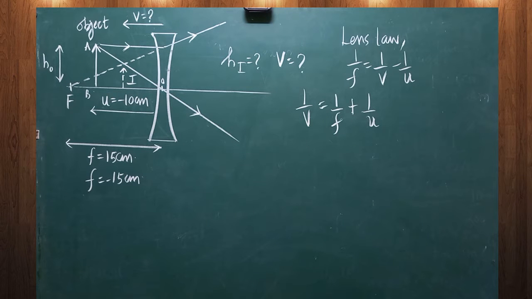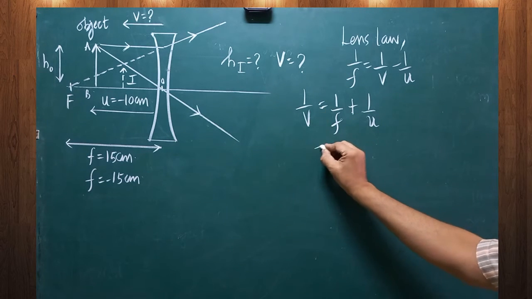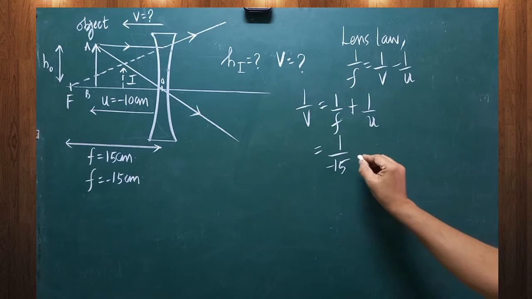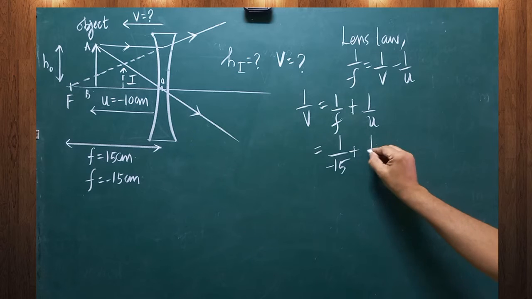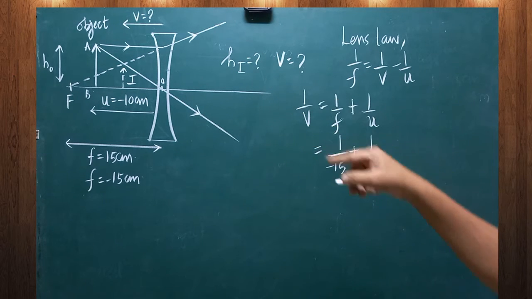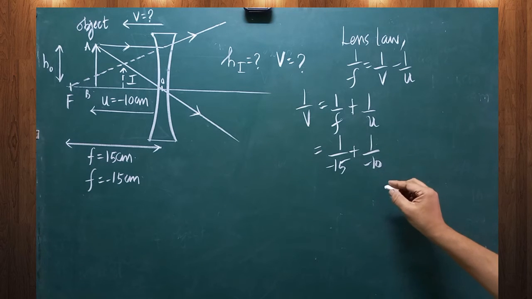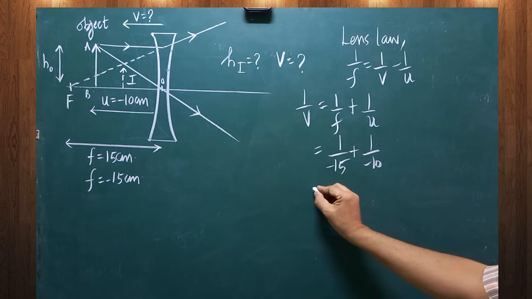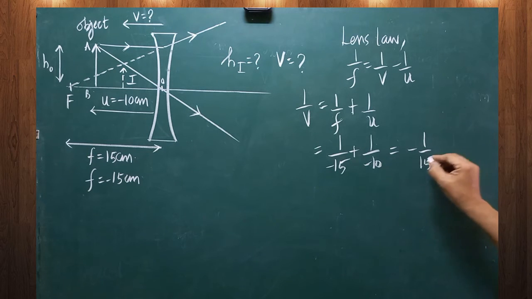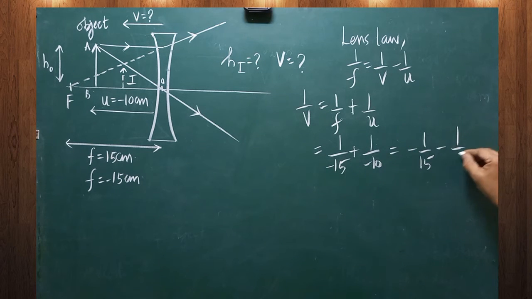Substitute the required values in the formula. f is negative, therefore minus 15 centimeter, plus 1 by, as usual you write plus, later you write the value, minus 10 centimeter. Here now you change the sign. This one could be written as minus 1 by 15 and this one becomes minus 1 by 10.